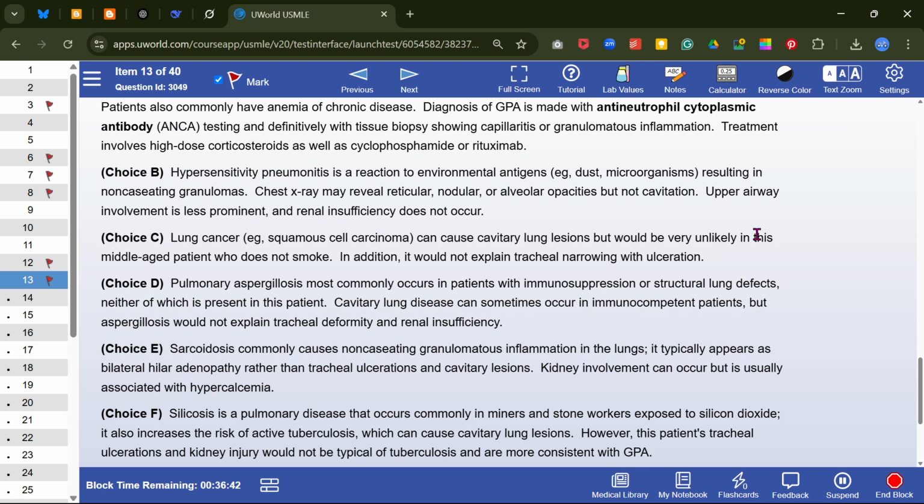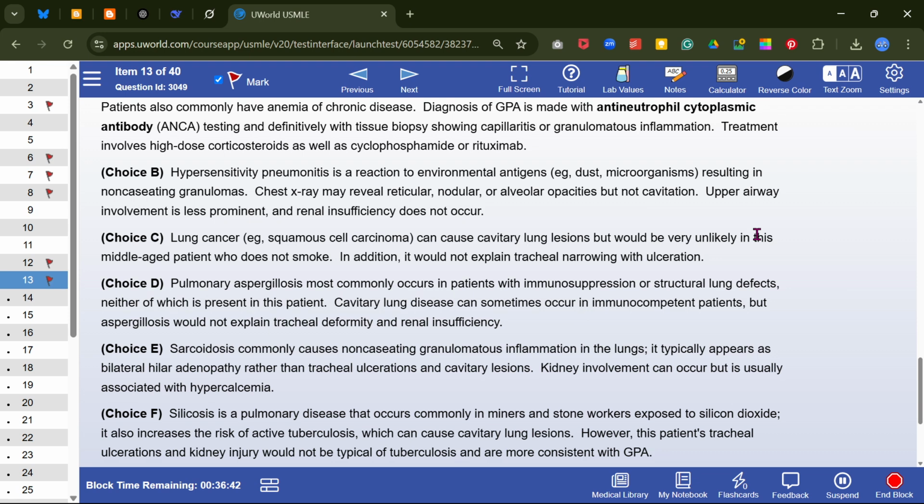Pulmonary aspergillosis most commonly occurs in patients with immunosuppression or structural lung defect, neither of which is present in this patient. Cavitary lung disease can sometimes occur in immunocompetent patients, but aspergillosis would not explain the tracheal deformity and renal insufficiency.